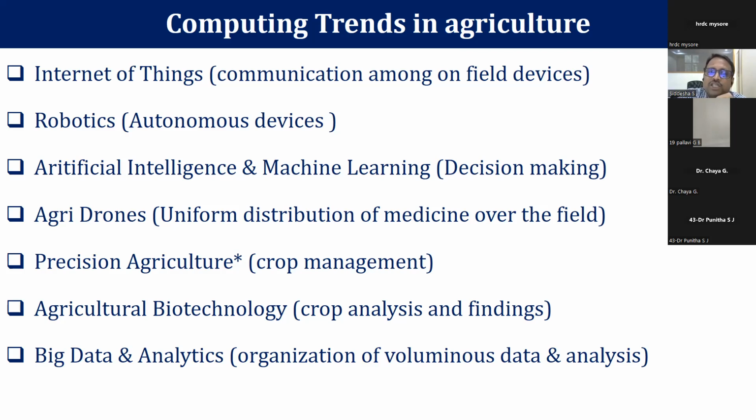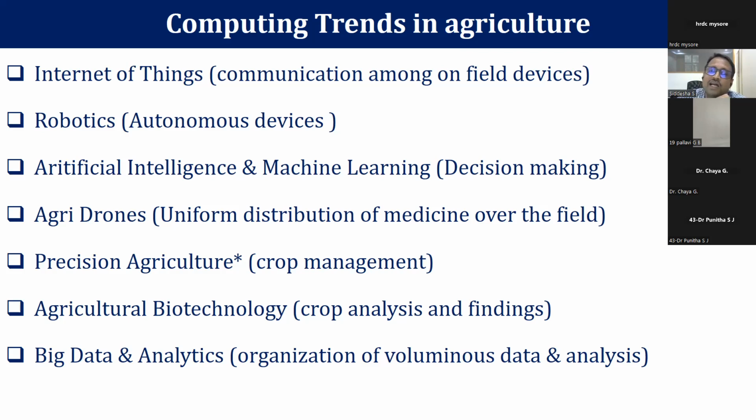So this plays a vital role in robotics. And another thing is artificial intelligence and machine learning, especially for the decision-making process. I want to make a decision. How am I going to make a decision? I have to build certain intelligence into the machine itself, so that it can think and decide based on whatever data it is getting.